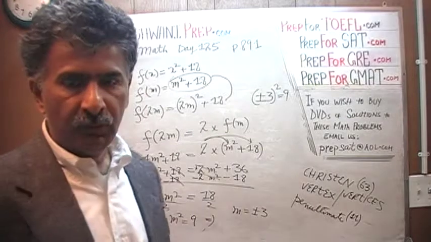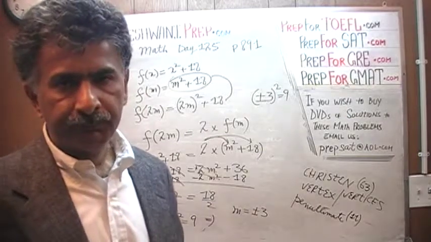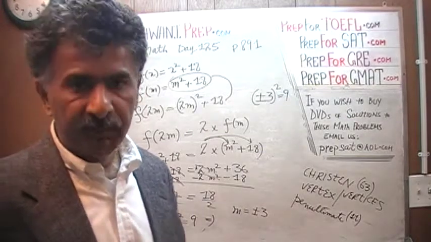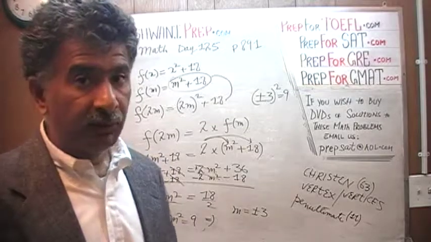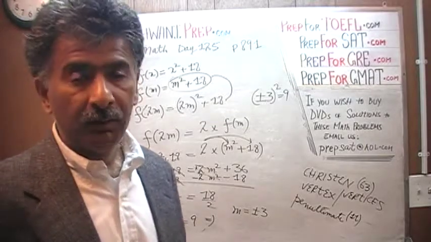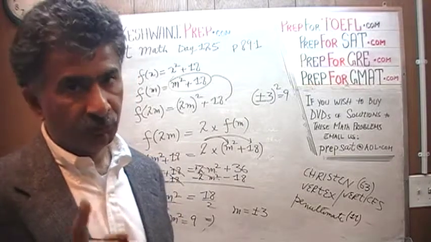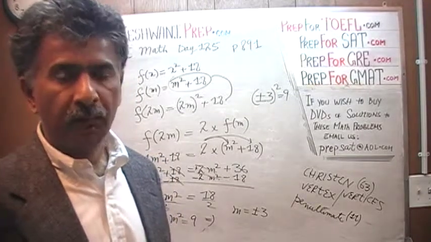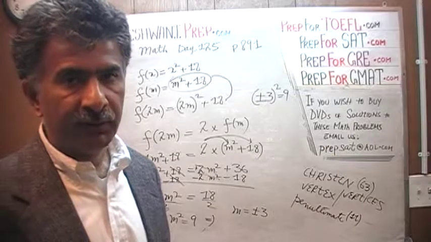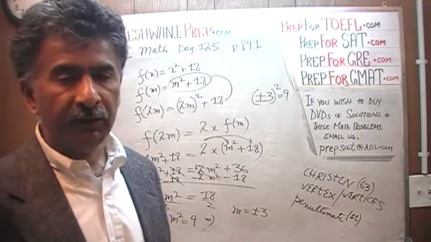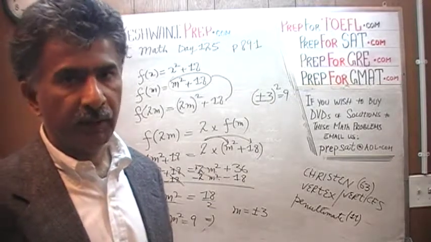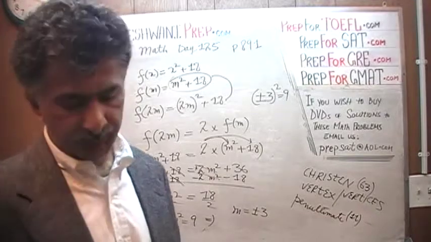The question is, which one do you grid in? The answer is, it'll be positive 3, because there is no way to grid in a negative number in a grid-in question. That's your cue. If you solve a grid-in problem and you come up with the answer of negative 3, that answer is wrong, because they do not allow for that.